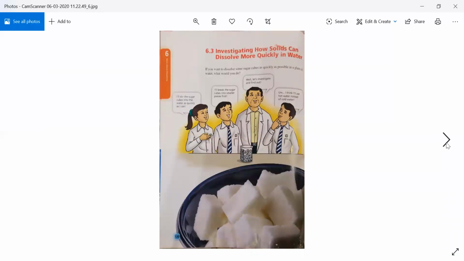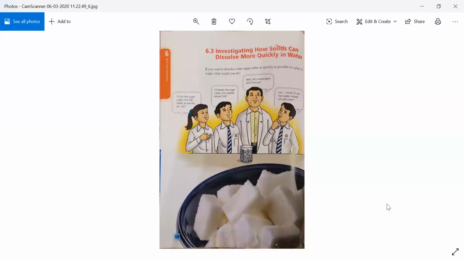Page number 120. Investigating how solids can dissolve more quickly in water. Now we'll study how we can investigate how solids can dissolve more quickly, not slowly. If you want to dissolve some sugar cubes as quickly as possible in a glass of water, what would you do?